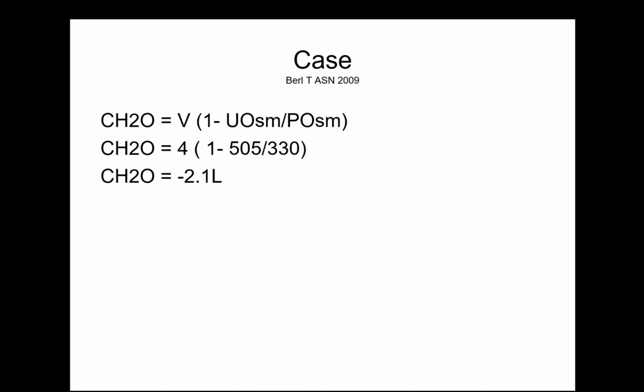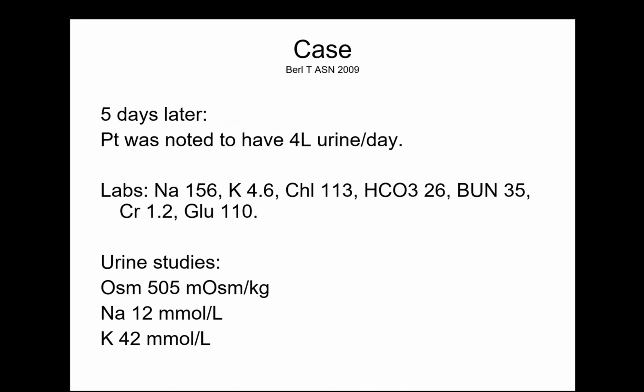In her case, we already said there's something else, because the urine sodium was only 12 and the urine potassium was only 42. You add those two together, 64, times 2 for the anion part, that's still only 120 something milliosms, right? Cations plus anions, only 120 something. So most of those urine osms are something else.